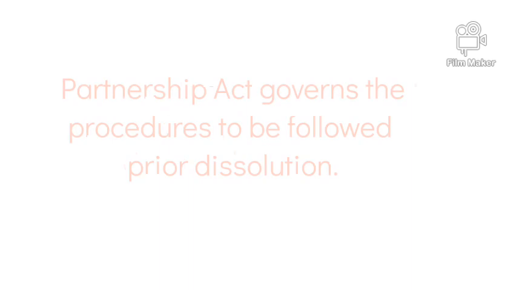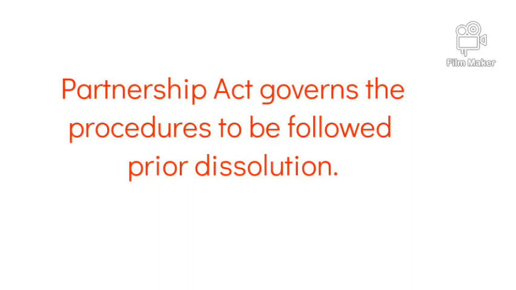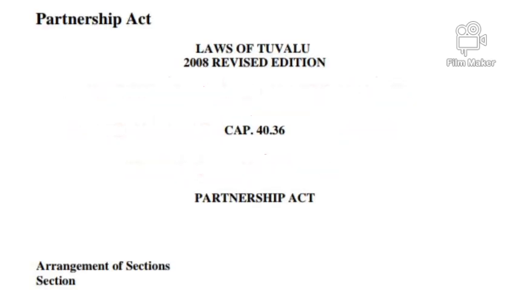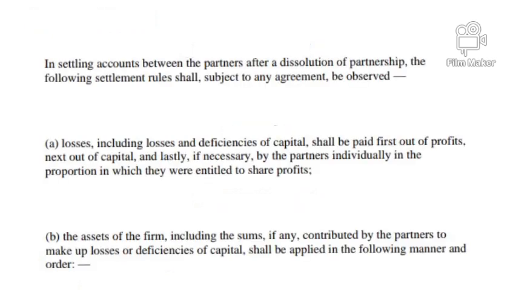So we've got what we call the Partnership Act, which governs the distribution on final settlement. In settling accounts between the partners after a dissolution of partnership, the following settlement rules, subject to any agreement, must be observed.